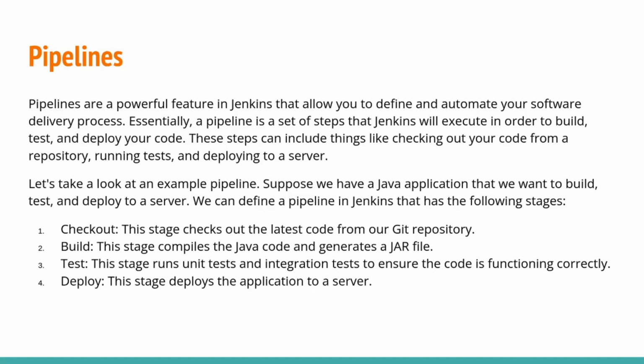First stage is checkout. This stage checks out the latest code from our Git repository. Second, build. This stage compiles the Java or whatever your application code is and generates, for example, a jar file. Testing stage is for tests, and finally deploy, to deploy it to a server.